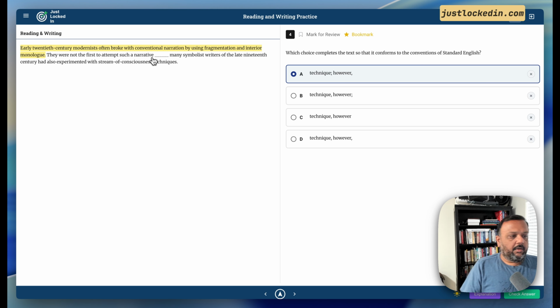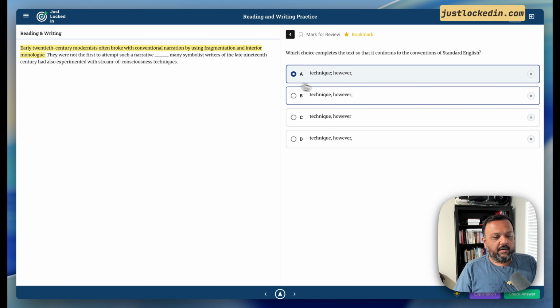But they decided to put however after technique, as the last word in the sentence. So the way to read the sentence is, they were not the first to attempt such a narrative technique, however. So you are really contrasting this with whatever the first sentence stated.